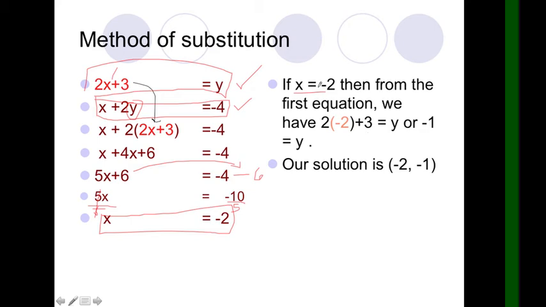Therefore, our x is negative 2 and our y is negative 1. Hence, our coordinates are negative 2 and negative 1. This is our solution using the method of substitution from the two equations, 2x plus 3 equals y and x plus 2y equals negative 4.